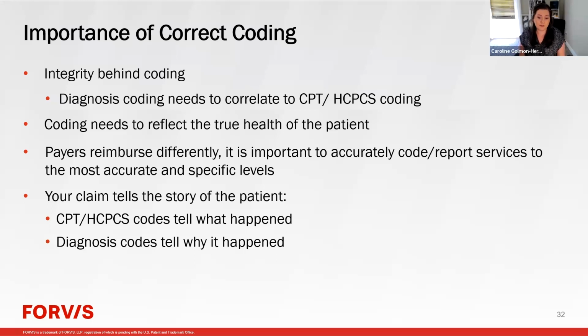All payers tend to reimburse differently, so it is very important to accurately code and report services to the most accurate and specific levels. The claim is there to basically tell the story of the patient. The CPT HCPCS code is explaining what happened, and the diagnosis code is telling the story of why it happened. So why the patient is there and what they did to help this patient.